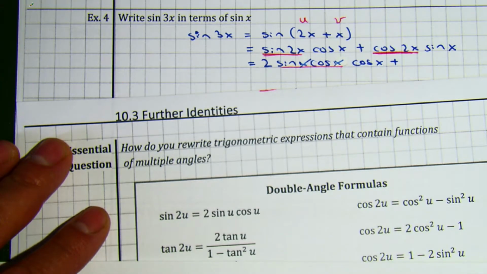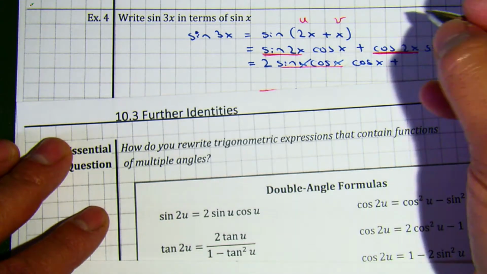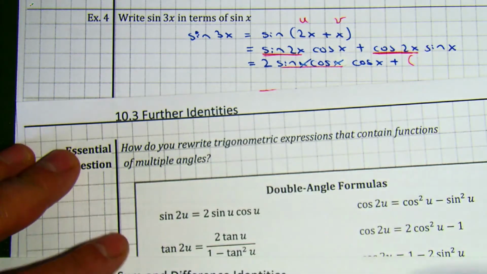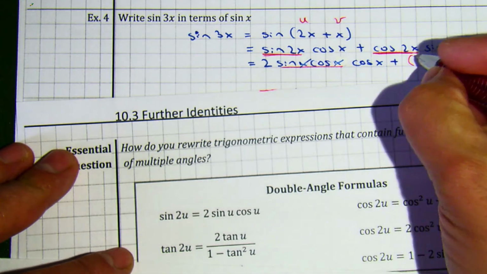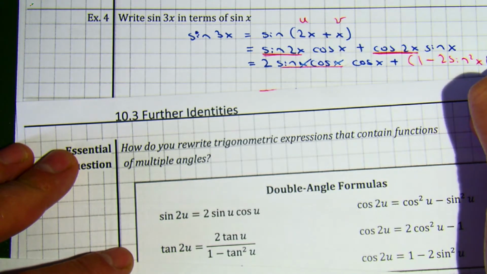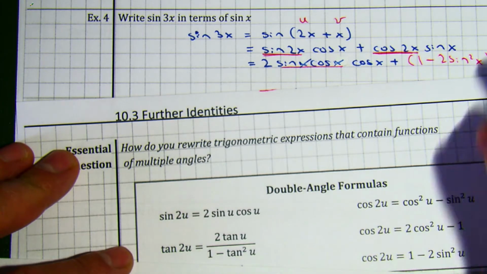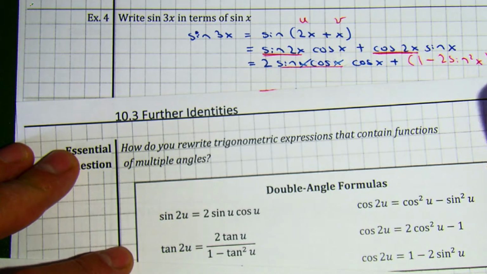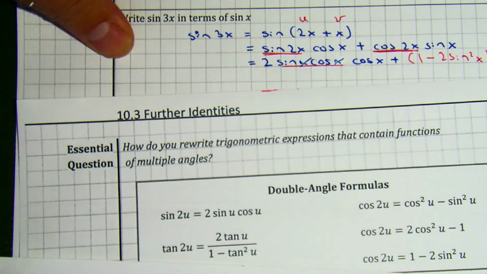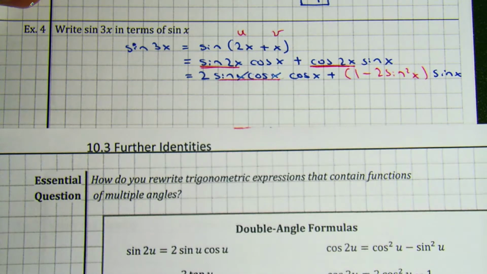So that'll be 1 minus 2 sine square of x, in parentheses, times the sine of x. I'll place it in red so we can see it. And now we are going to simplify this expression and see where that takes us.